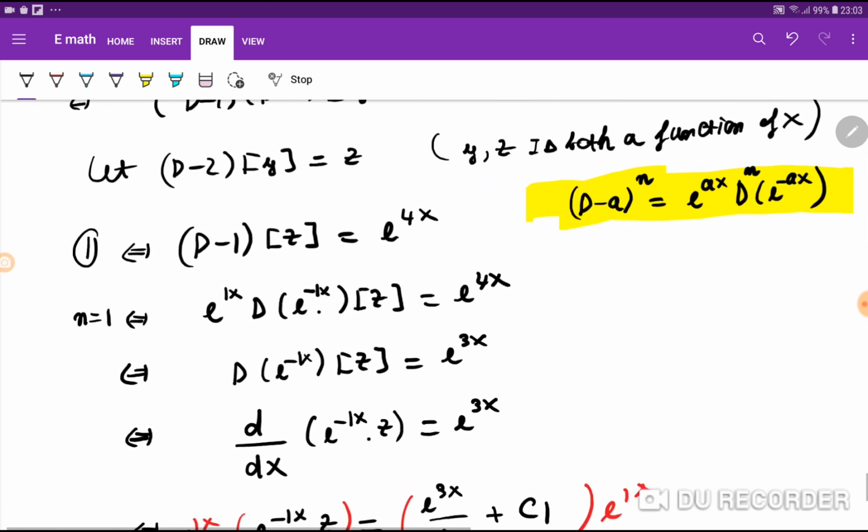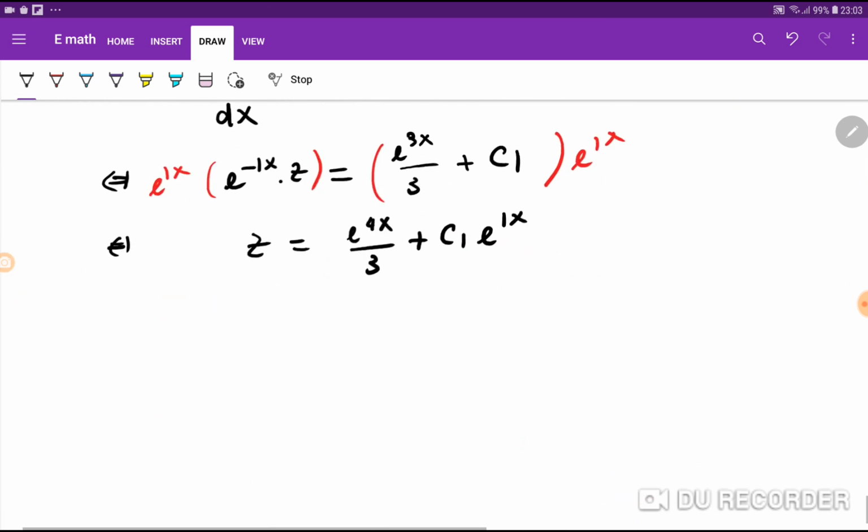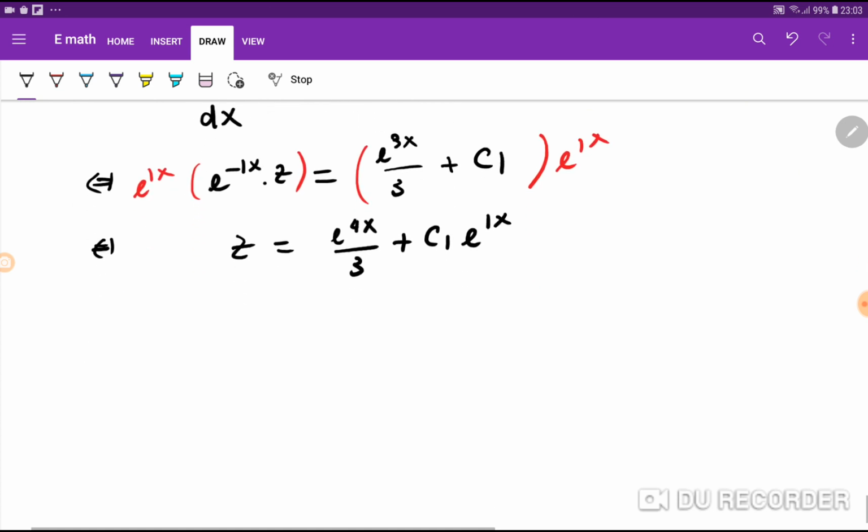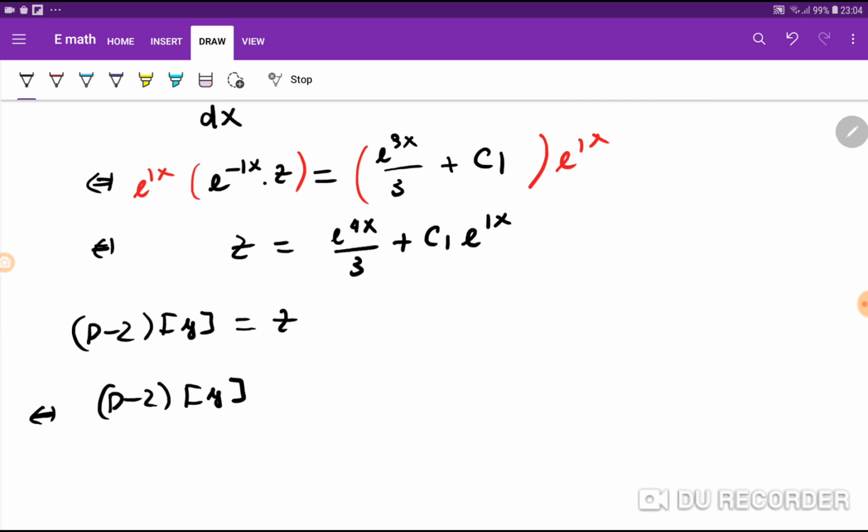All right, you got z. Now let's solve for y. Recall that (D minus 2) y equals z. So what do we have? We have (D minus 2) y equals e to the power 4x over 3 plus c1 e to the power x.